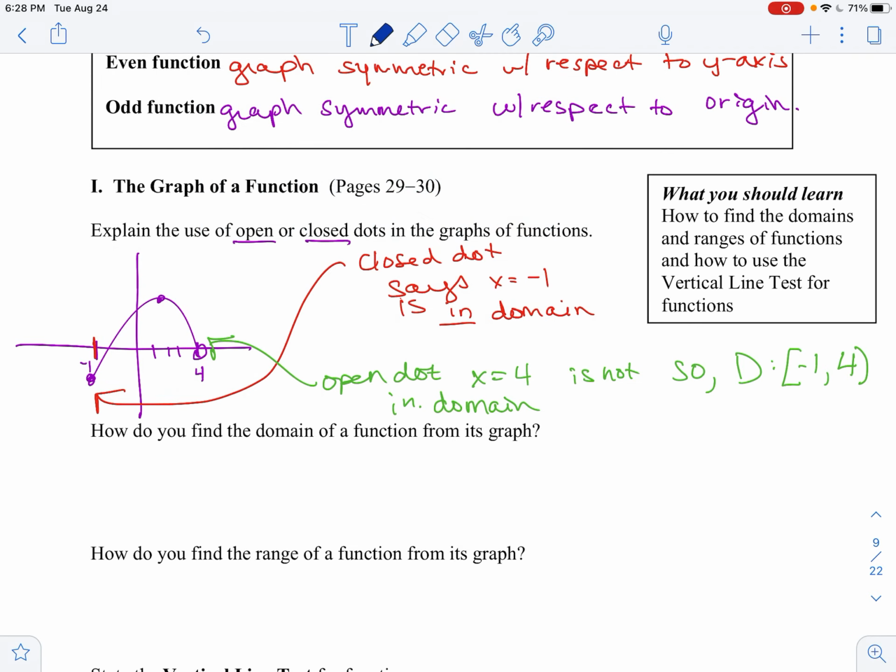How do you find the domain of a function from its graph? You look from left to right along the x-axis for the open or closed dots, or lines that extend past it.